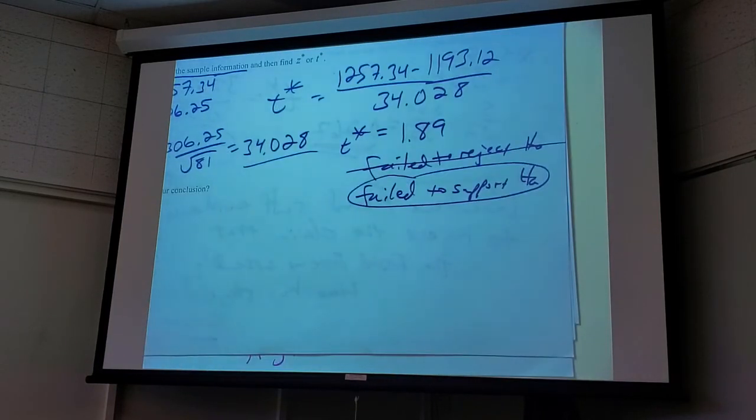Really, both of those say the same thing. It's like me saying, I'm older than Bob. And then I say, Bob is younger than me. Didn't I just say the same thing twice? Those two statements say the same thing. If I fail to show that the null is wrong, I fail to show the other is right. They just go together. But the way I word my conclusion has got to be related to the claim.